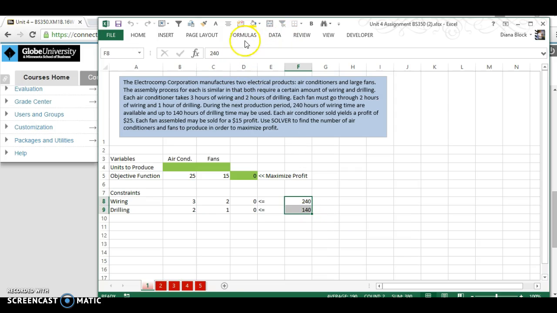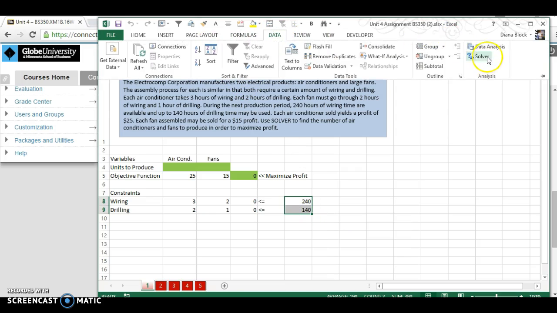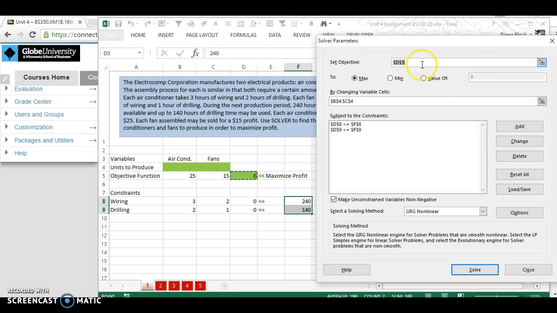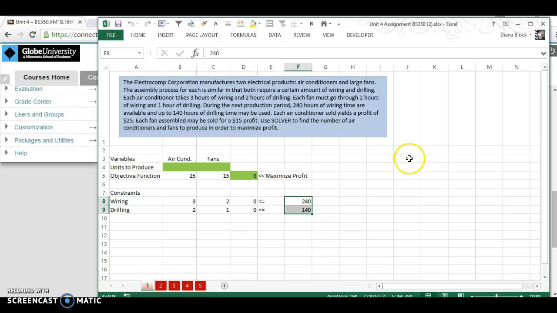Then you go to Solver and you enter the objective that you're trying to set, whether you're trying to maximize or minimize it, which cells to change in order to maximize that figure. Enter your constraints, click Solve, and then there's another box that'll come up that'll say, do you want to keep that solution? And you'll say yes. And that is how you will use Solver.